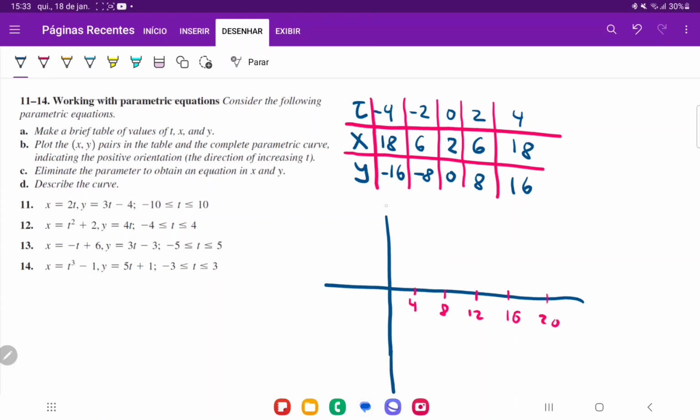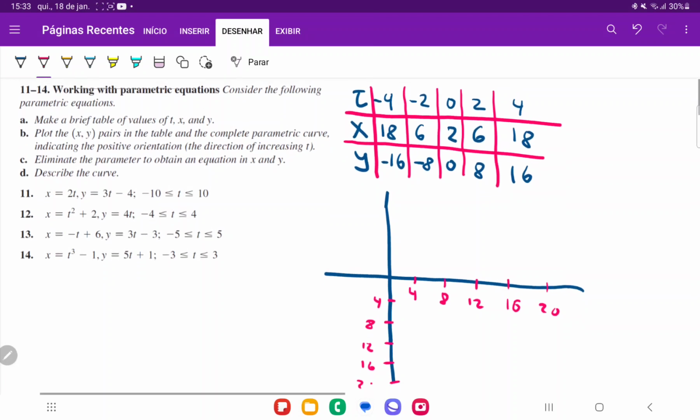And I will do the same on the y-axis. So it's going to be 4, 8, 12, 16, and 20. Same thing here. Okay, so once we've scaled it in, we're ready to plot them.